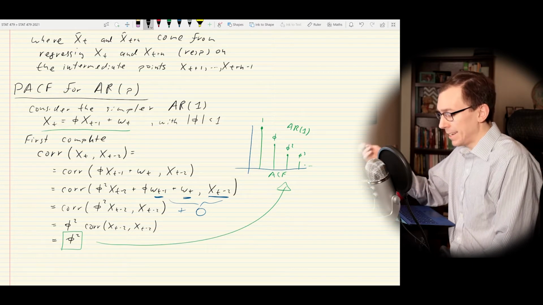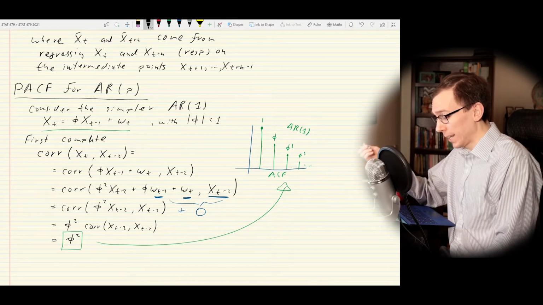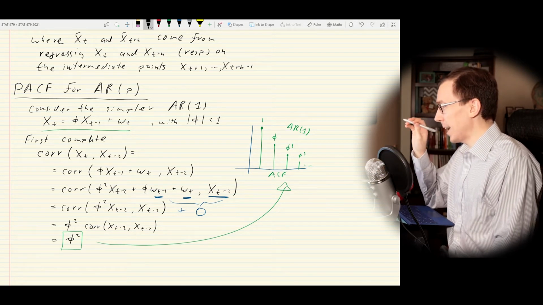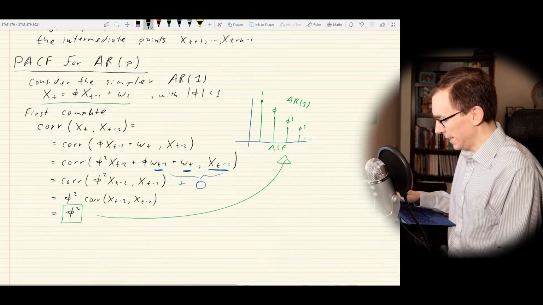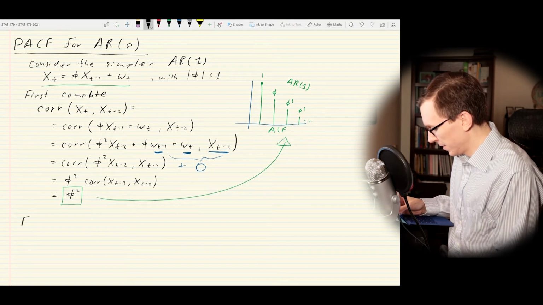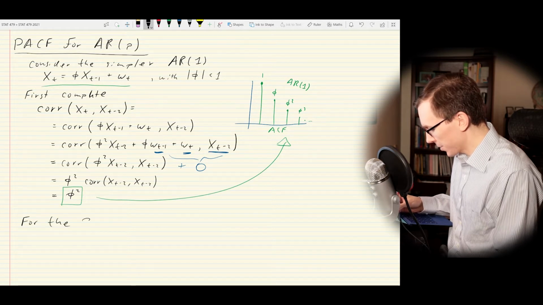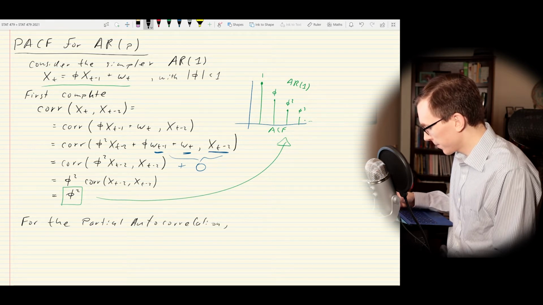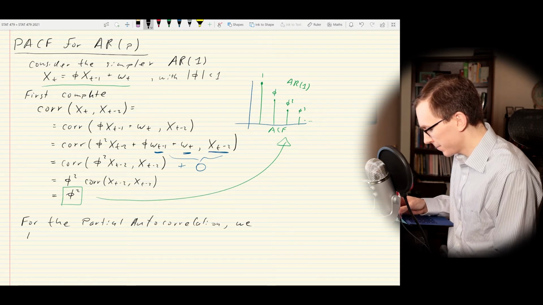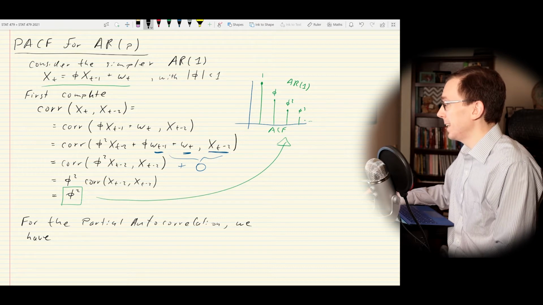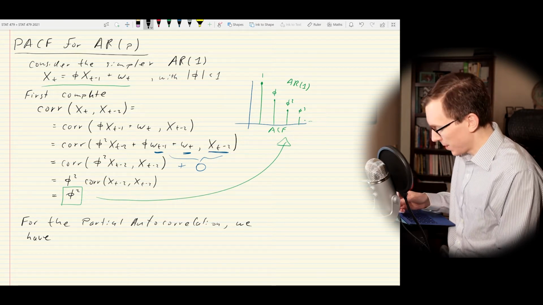Okay, so we know what we get for the autocorrelation. Now, in contrast, what we're actually interested in is the partial autocorrelation. So for the partial autocorrelation, what we have is a new equation that we're trying to compute.